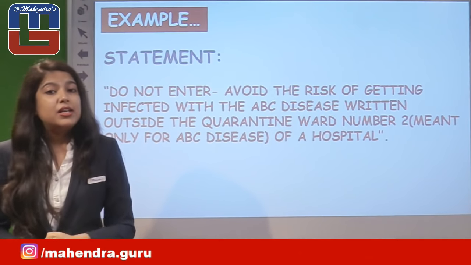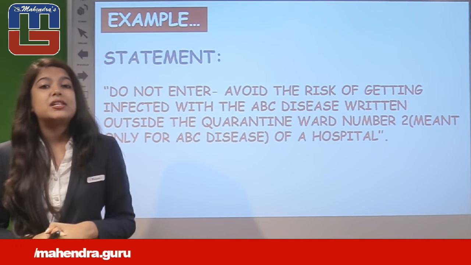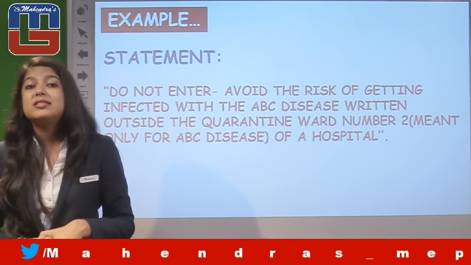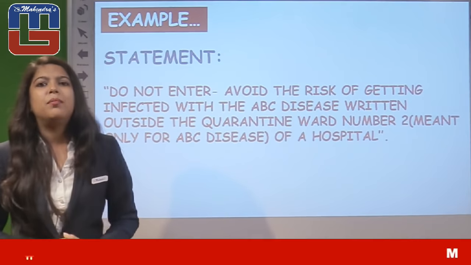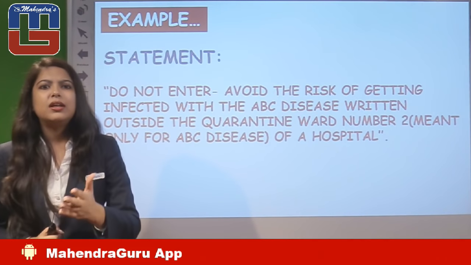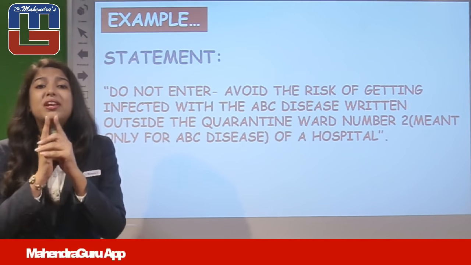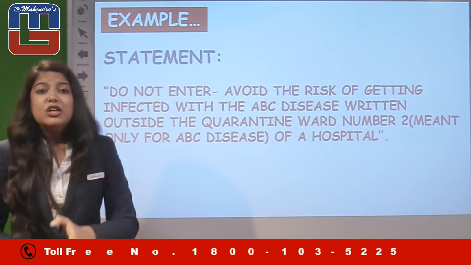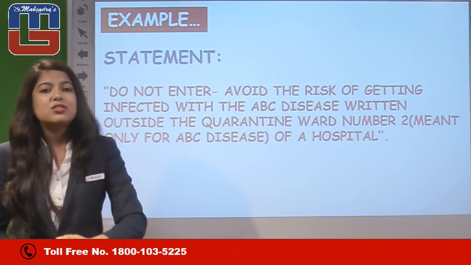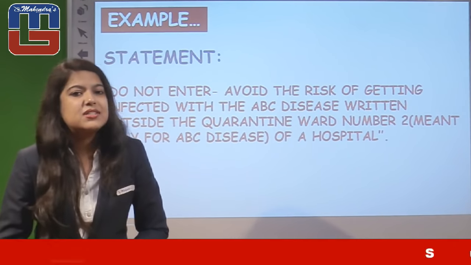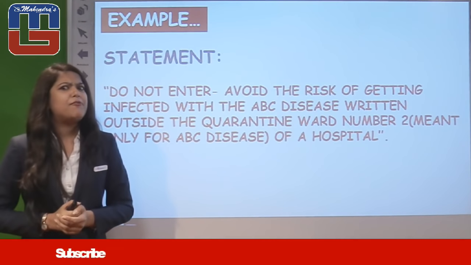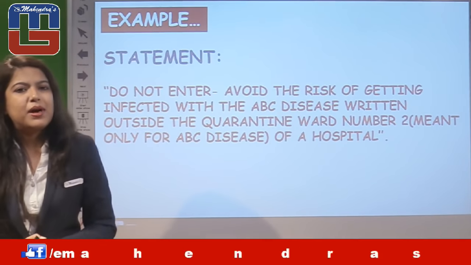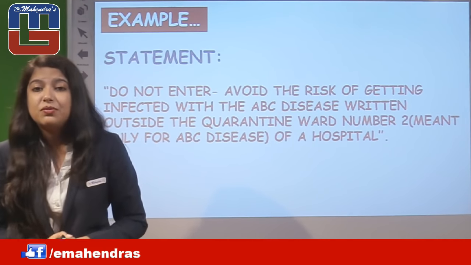And these semicolons, what do they convey to you all? A definite condition, they are giving you an instruction. Meant only for ABC disease, given in the bracket part. This also claims some sense over here.